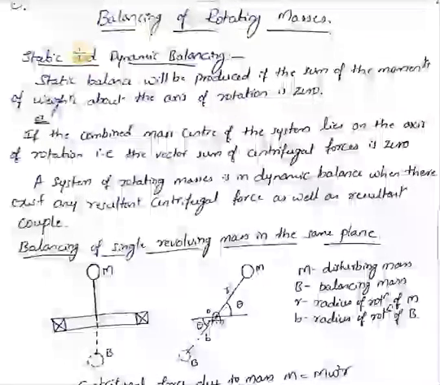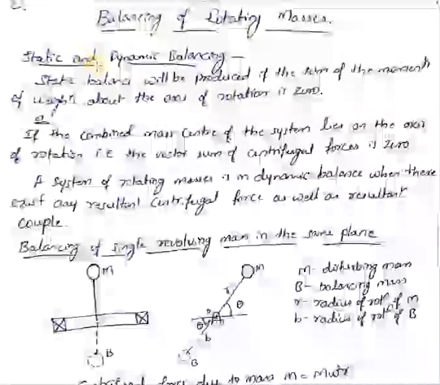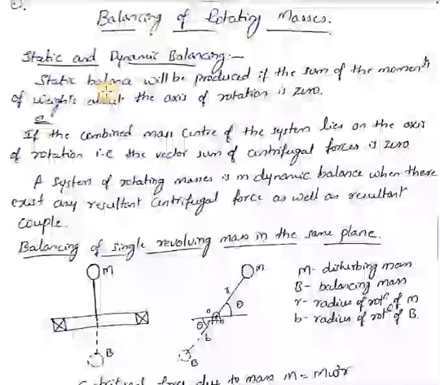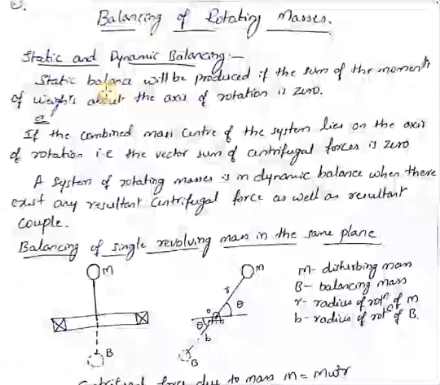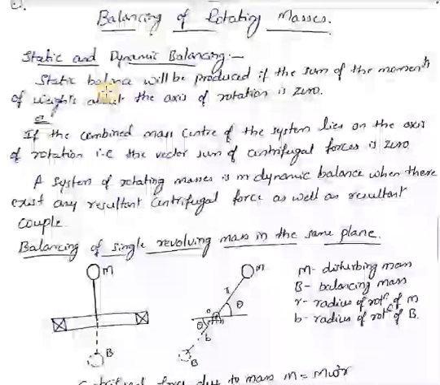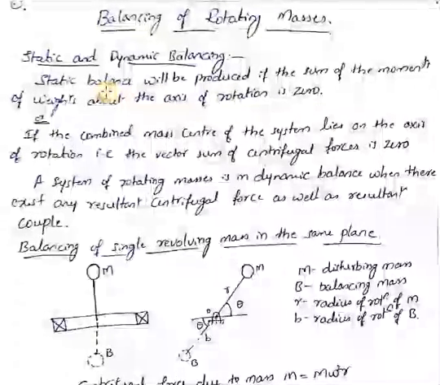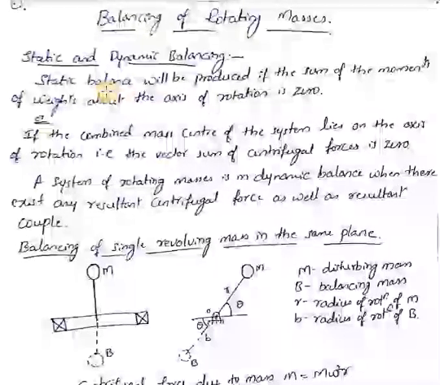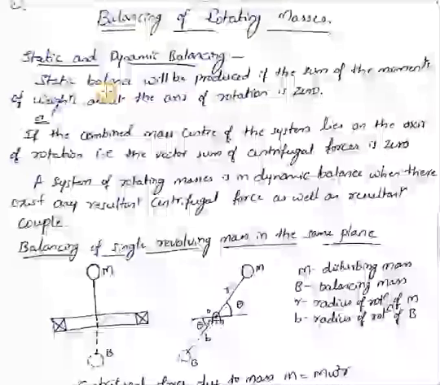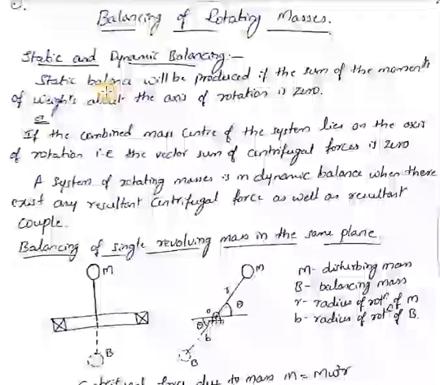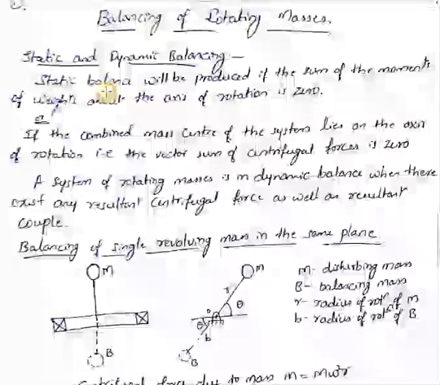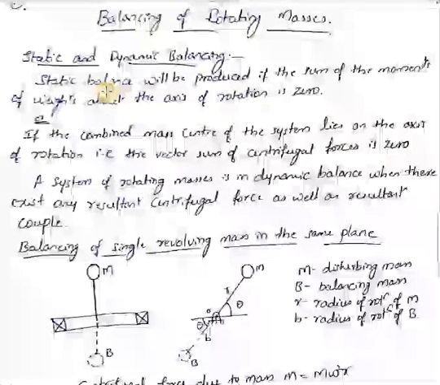There are two types of balancing, static balancing and dynamic balancing. Static balance is produced if the sum of moments of weights about the axis of rotation is 0. Or you can say a system of rotating masses is in static balance if the combined mass center of the system lies on the axis of rotation.